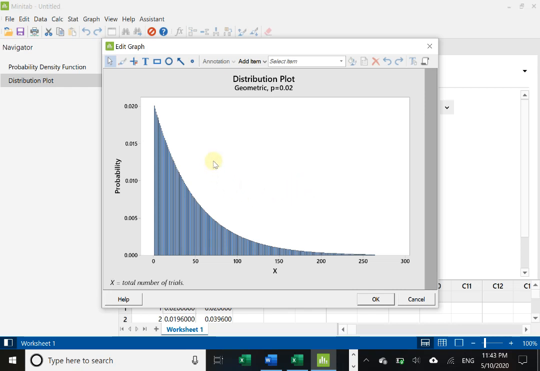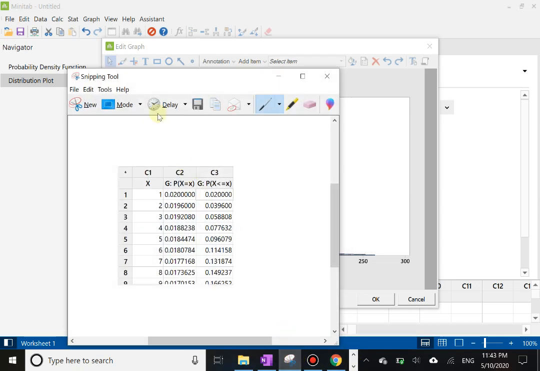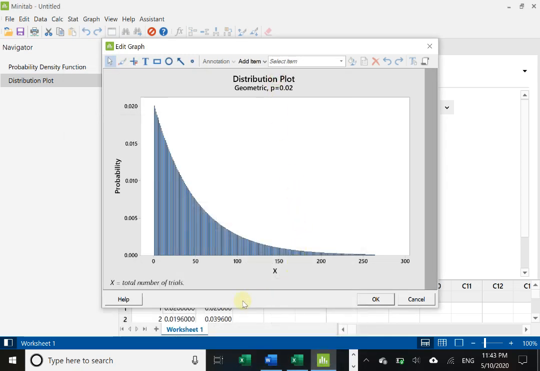And usually what I do is I take a picture of this using another application I have. Let me show you. There you go. It's called snipping tool. So you can download this snipping tool. That's what I use to copy different charts, different portraits, different images, and insert it in my notebook.